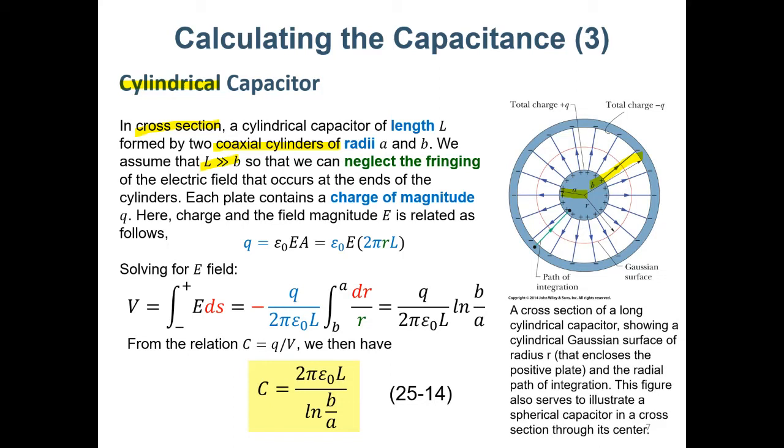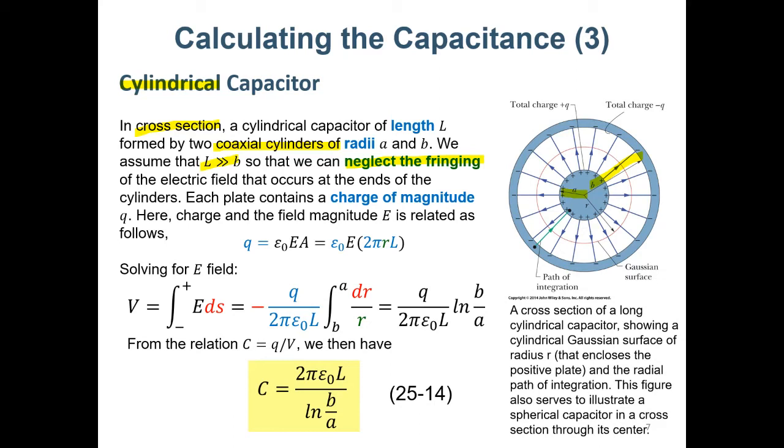Yeah. So now we neglect the fringe of the electric field, because the height here is capital L. So there will also be fringe outside. In between, the field is generally uniform, close to the inside.